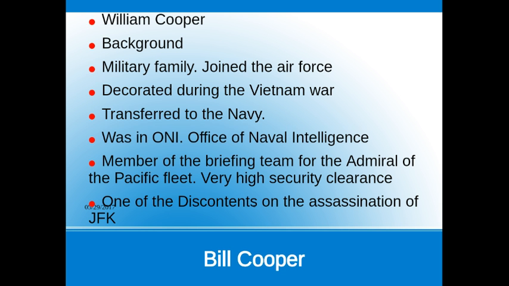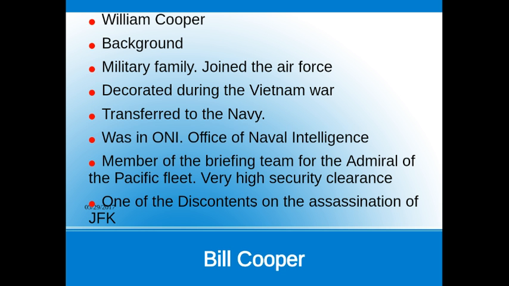In the Navy, because of his military background, because most people move from the Navy to the Air Force and hardly anyone leaves the Air Force to go elsewhere, they put him in naval intelligence and in the briefing team for the Admiral of the Pacific Fleet. So he had a very high security clearance.